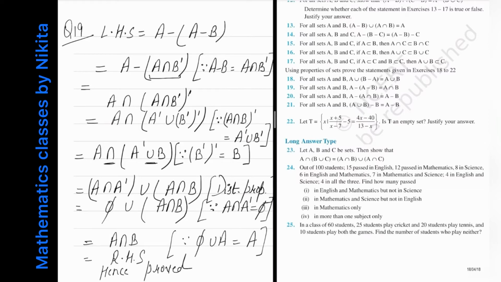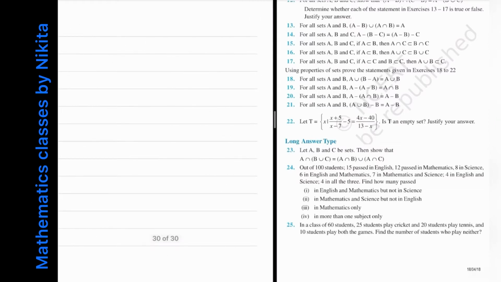Okay, now let's see the next question. Question number 20 says, for all sets A and B, you have to prove that A minus (A intersection B) is equal to A minus B. So start with the left hand side.